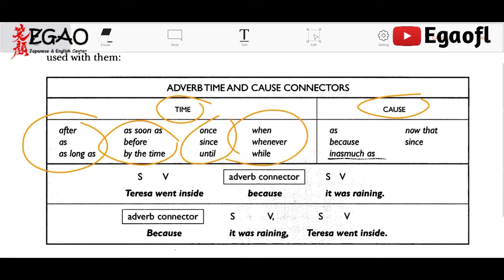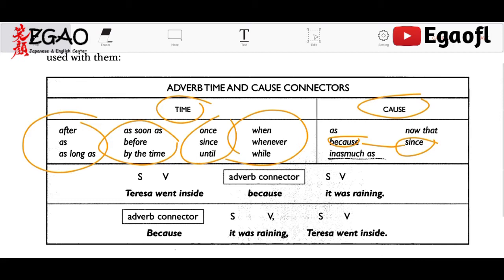For the cause, you can use as, because, inasmuch as, now that, and also since. Because and since are similar in meaning and also in use.